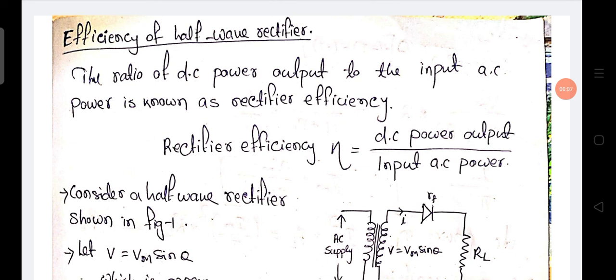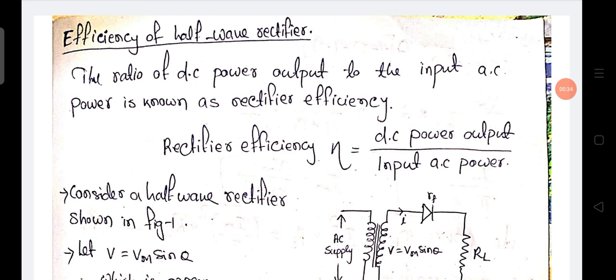Okay, in today's class, we are going to discuss the efficiency of the half-wave rectifier. In previous classes, we have already seen what a half-wave rectifier is and its working function, that is, how that half-wave rectifier can convert AC into DC.